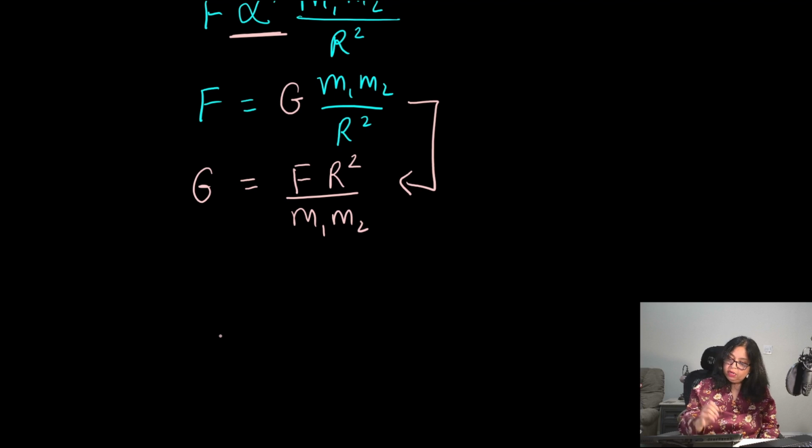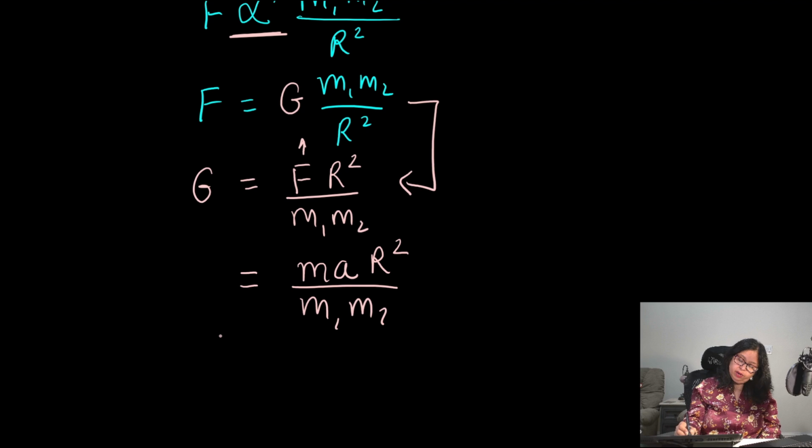Alrighty. Next, to get the dimensional formula for G, what I'm going to do is break down this force F into its components, which is going to be mass times acceleration. So this is mass times acceleration times r squared over m1 m2.